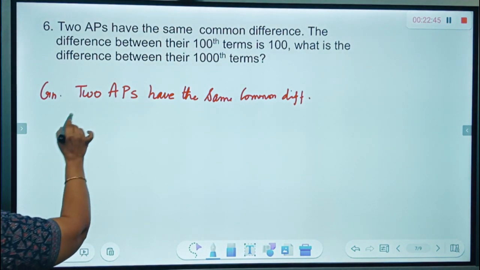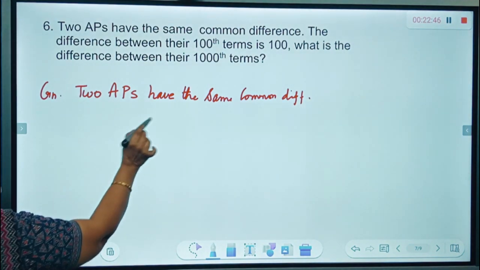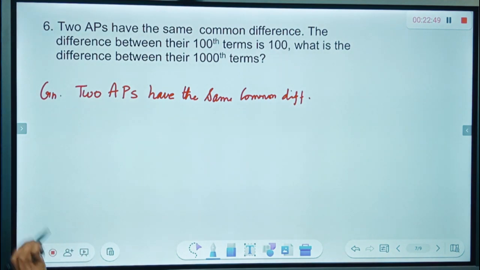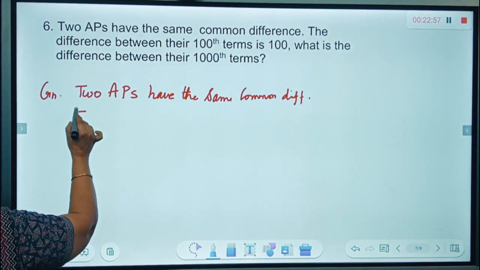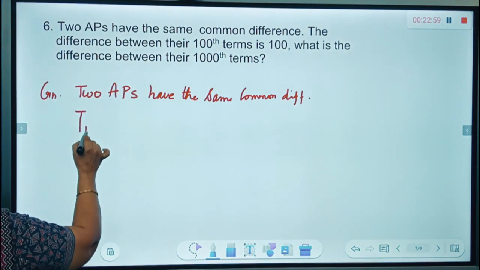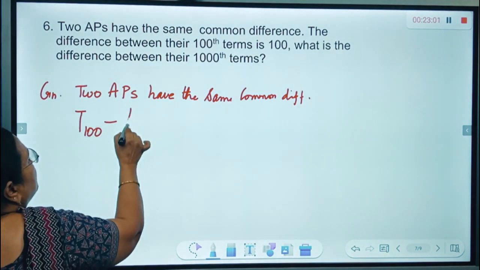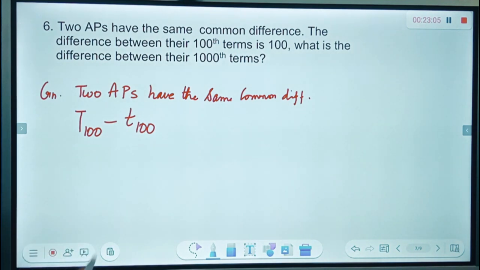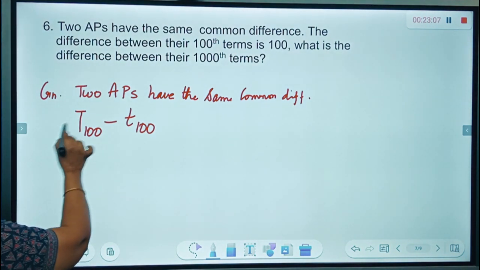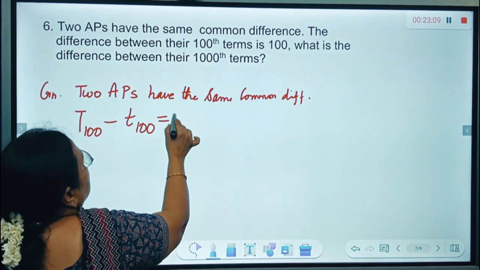Okay, that means d is the same for both the APs. The difference between the 100th terms is 100. That is, T100 minus, let me call the other one small t. Let me differentiate using capital T and small t. The difference between the 100th terms is 100.